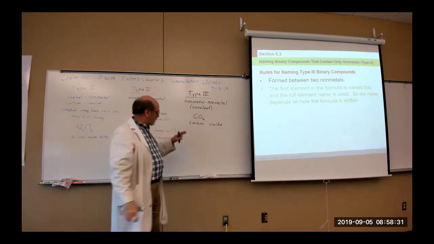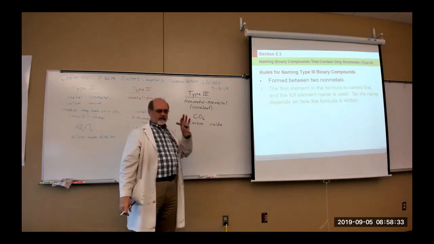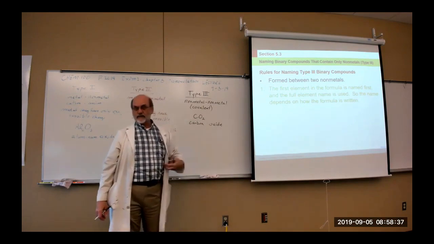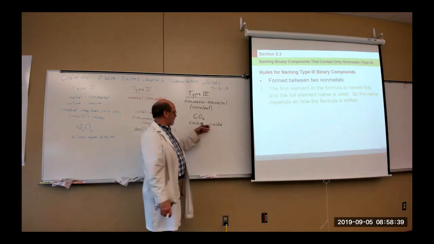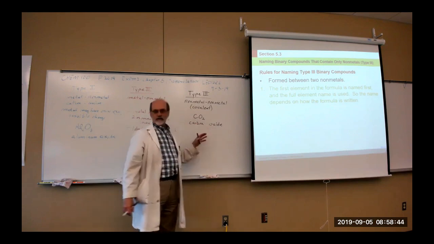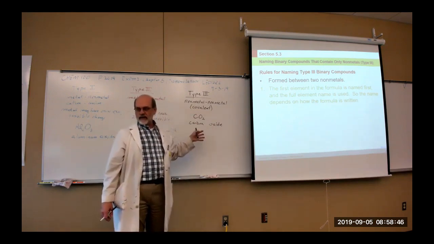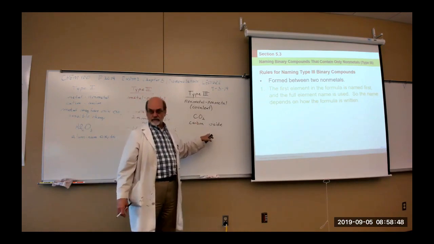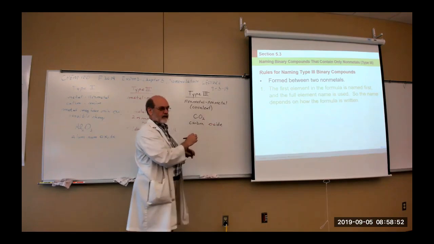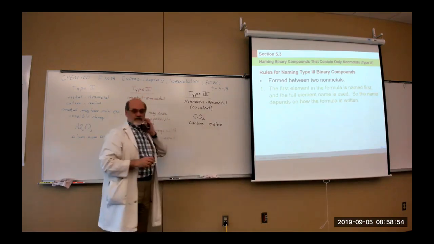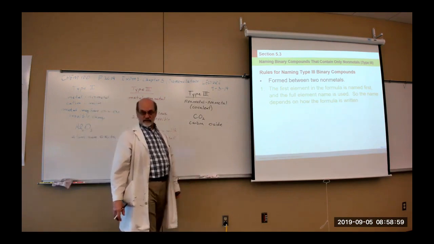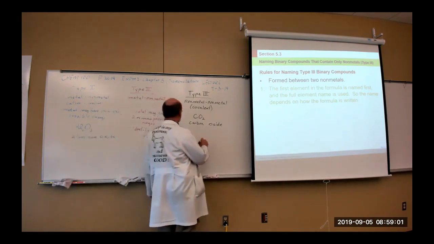If we just say carbon oxide, that is ambiguous, because there's no way we can determine how many oxygens there are from that name, because there are no charges to deal with. So the convention in type 3 is you say how many there are, and you use the Greek prefixes, right?